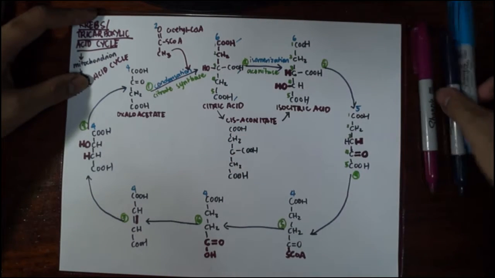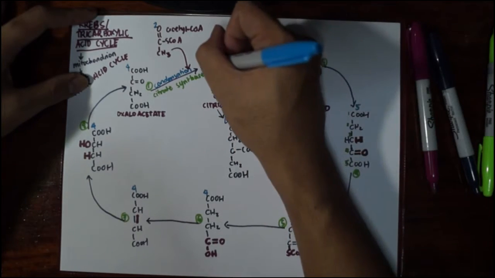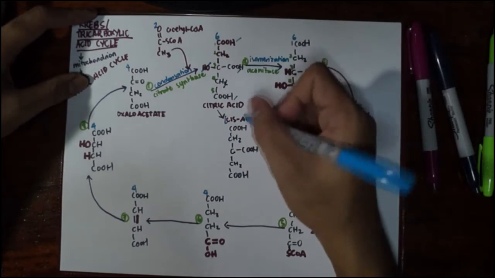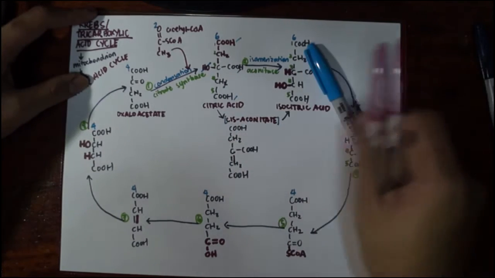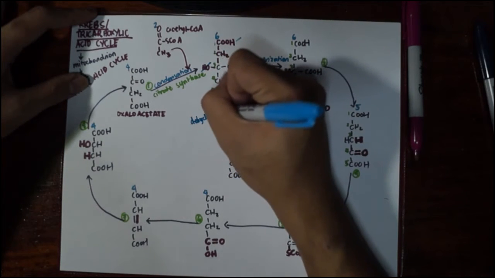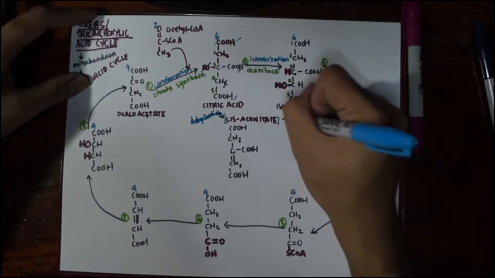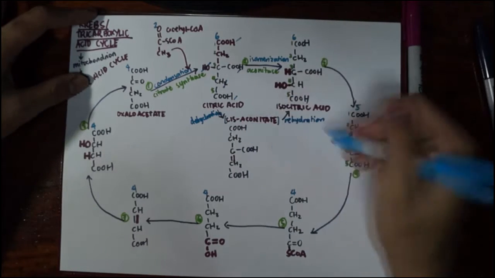What happened in the transformation of citric acid to the intermediate cis-aconitate is that you remove this OH and you remove one of the hydrogens. In exchange, there is a formation of a double bond. Alright, so there is a dehydration reaction at the start. Then you rehydrate it. So you remove water, you add water.